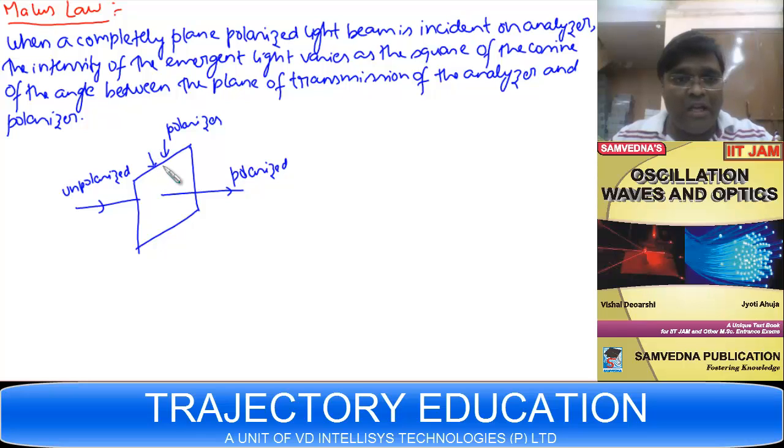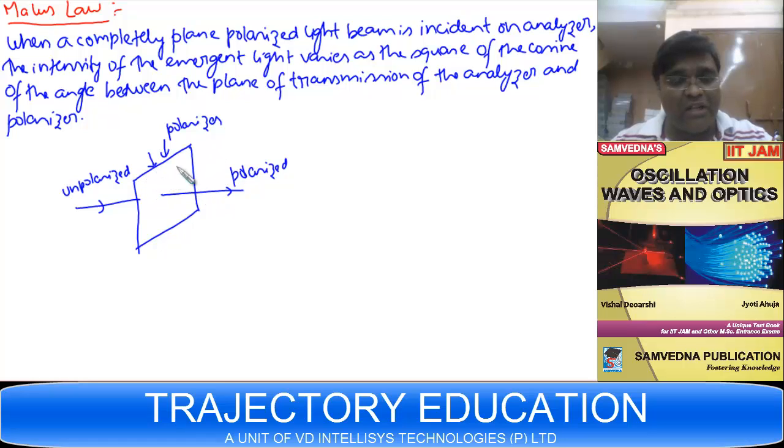Nickel prism is one of the devices. There are other devices also. You can have a set of glass slabs that produce plane polarized light upon refraction, which we have seen in Brewster law. It can also be Polaroids. It can be any device which produces polarized light from unpolarized light.